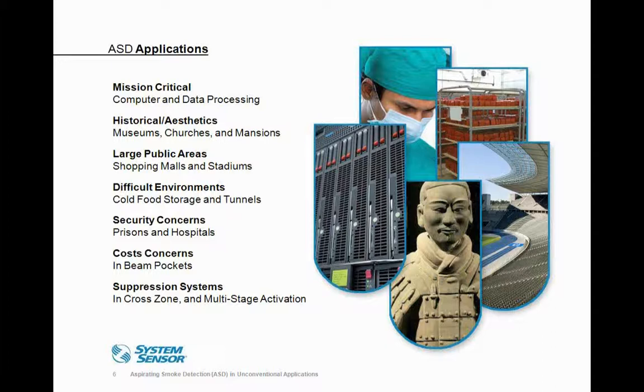In addition, the ability to cover large areas while being mounted outside the protected space enables aspirating detectors to be used in areas where ambient conditions can hinder the performance of a standard spot detector. These might be areas with extreme environmental conditions, high rates of air change, or very large open spaces.